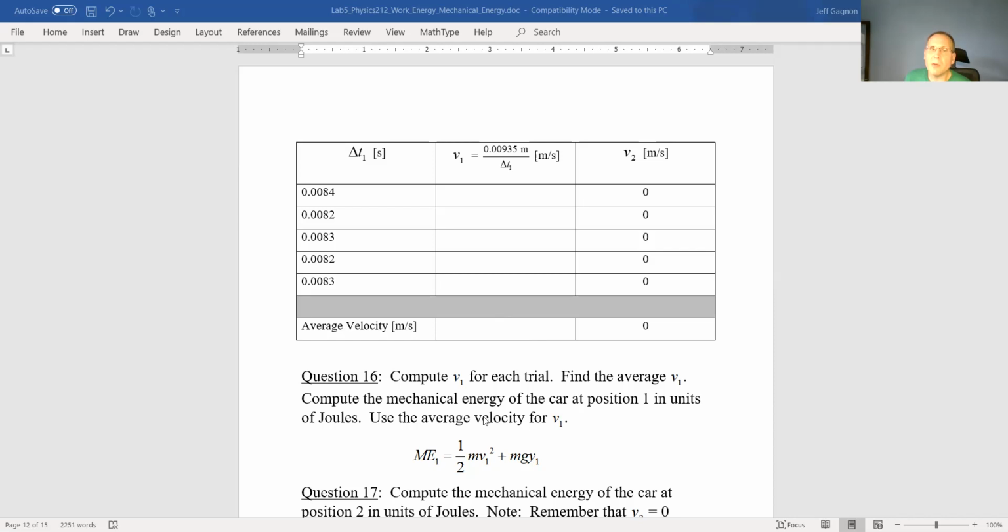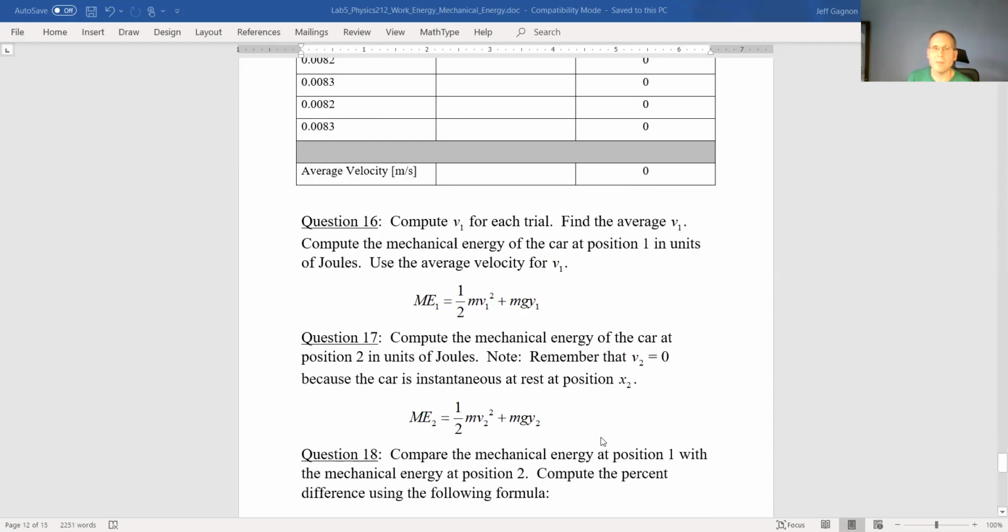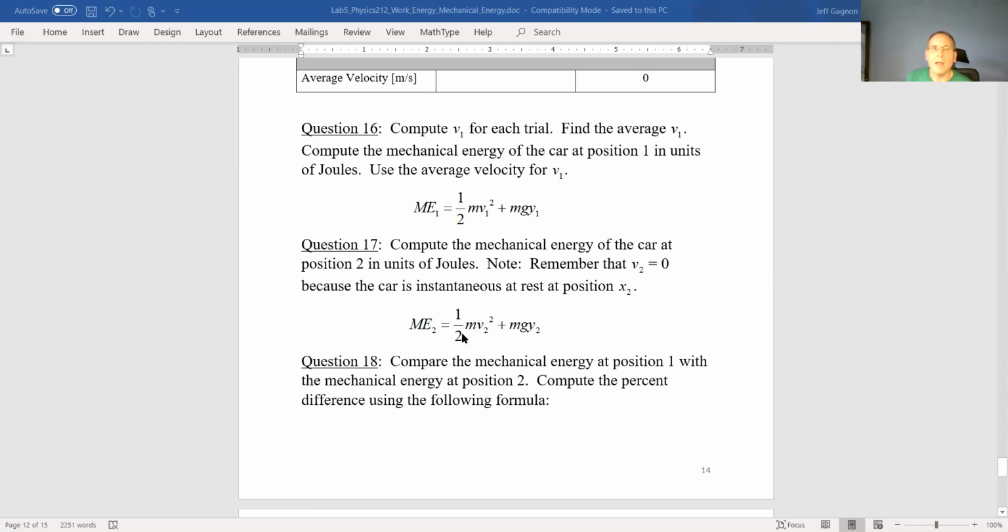Then I want you to compute the mechanical energy of the car at position 1. So you have to compute the initial kinetic energy and the initial potential energy and add them together. That'll be the initial mechanical energy. Question 17, compute the mechanical energy of the car at position 2.